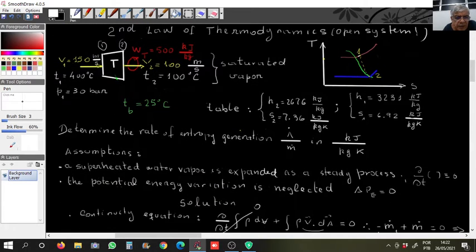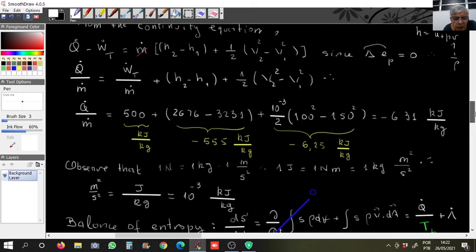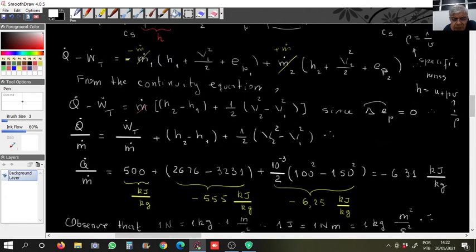See, 150 and 100. Then I substitute these numbers, from the table, and I get Q dot divided by M dot. Attention here: this V square is meter square per second square.